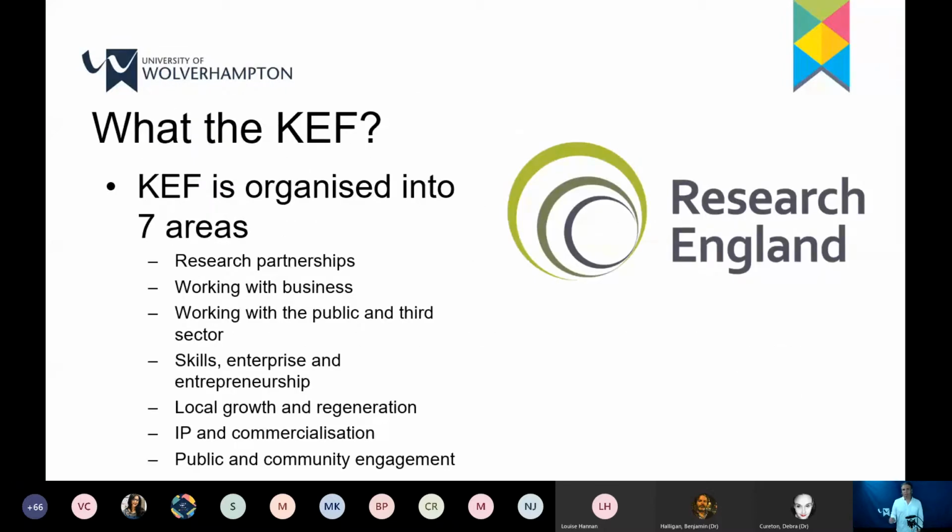Now universities are measured on something, or certainly moving forward, we will be more measured on something called the Knowledge Exchange Framework, or KEF. And there are 7 areas of KEF that universities are going to be measured on, and a lot of them have to do with interaction with the business and the public and things like that. But you'll see right at the very bottom is public and community engagement.